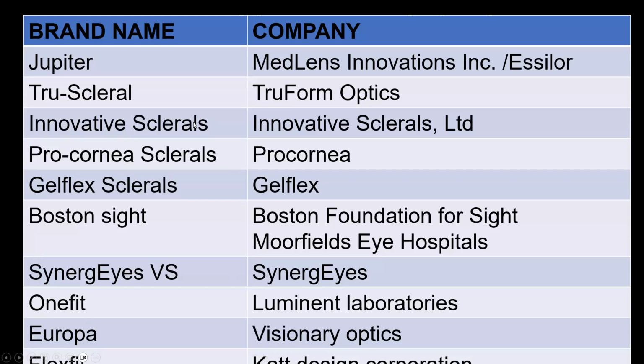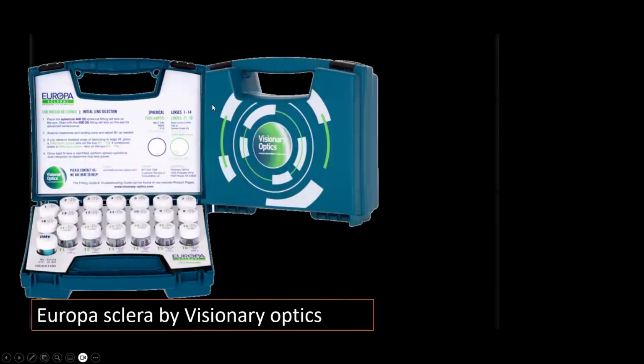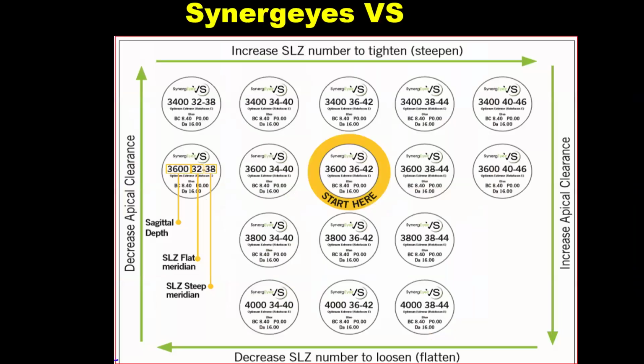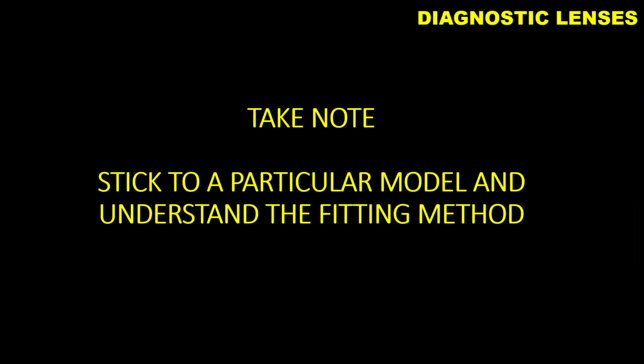Some of the brands have a different diameter range that you can access, whereas others will have a limited diameter range. So those things make the difference between the brands. I won't bore you with this, as we're not marketing any of the brands. So again, stick to a particular model and understand the fitting methods.